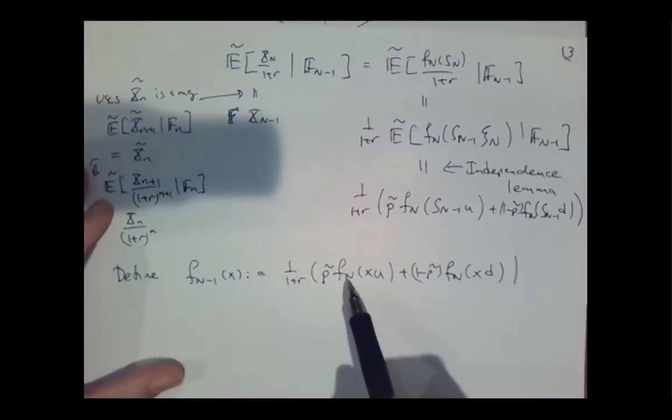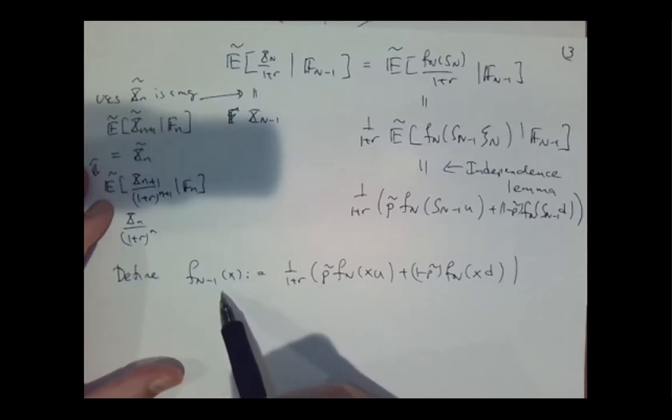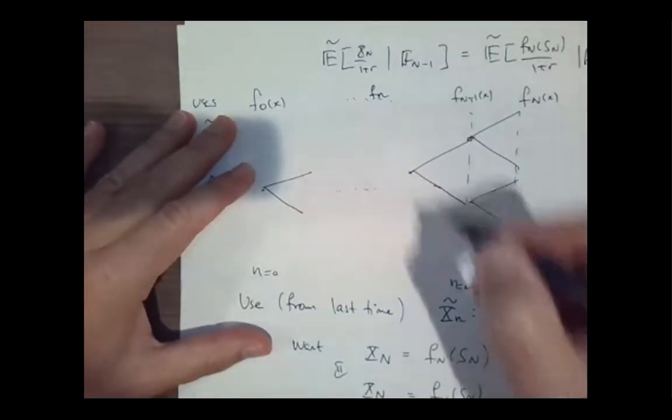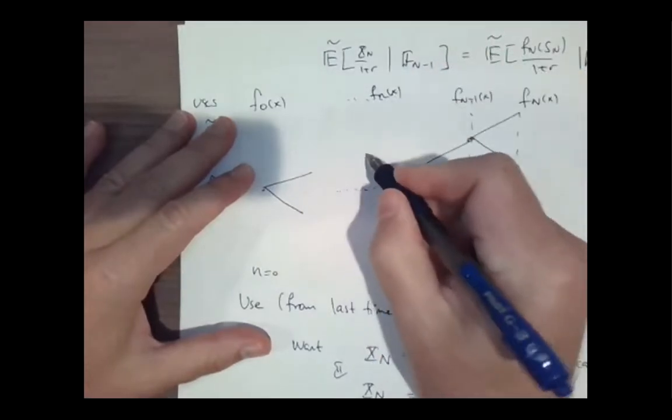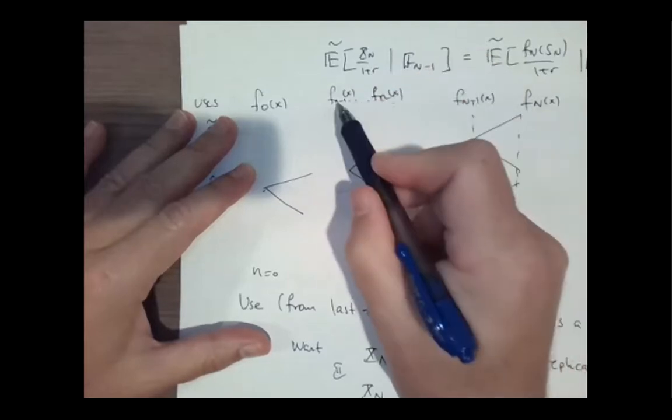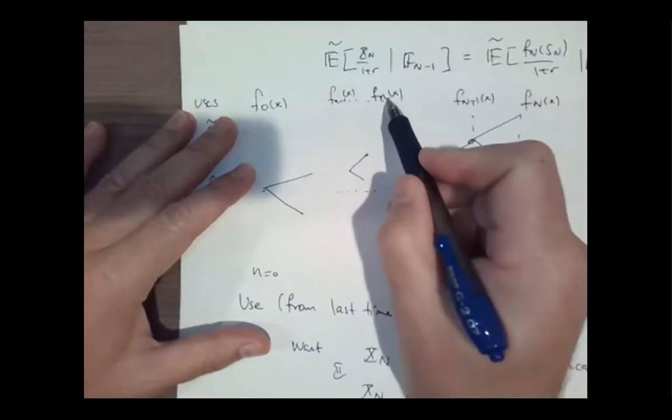So this took us from n to n minus 1. So at a generic point, say that I'm out here in my tree, I'm sitting here with Fn, and now I want to go to Fn minus 1 of x. How do I get Fn minus 1 from Fn?